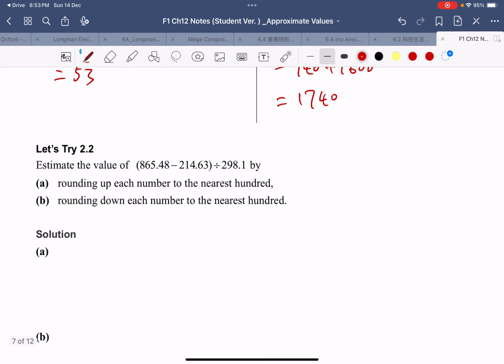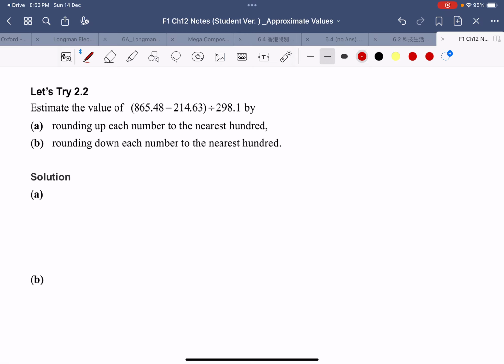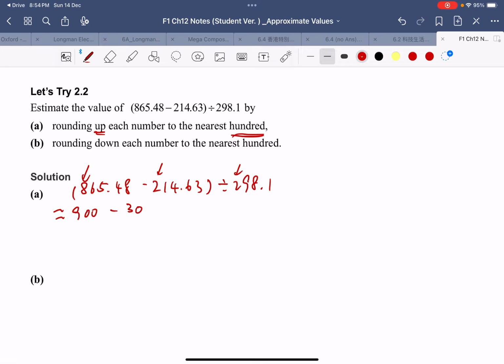Okay, again, pause it, try it by yourself. Estimate by first rounding up each number to nearest 100. Okay, copy. Up 100, right? Where's the 100? You're going to round up. So approximately equal to 900 minus 300.